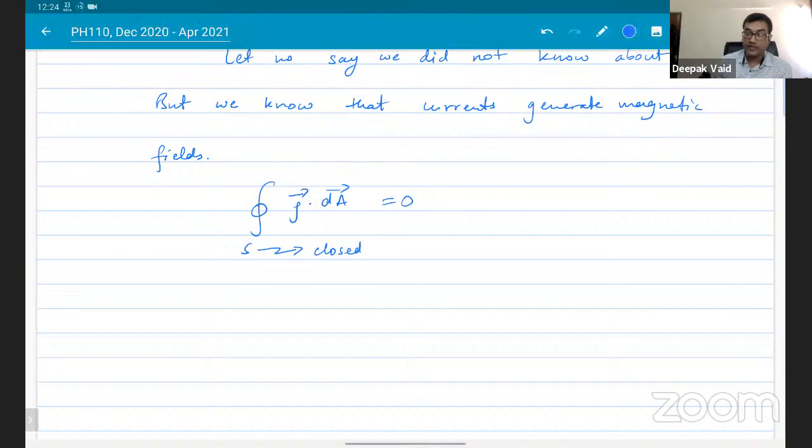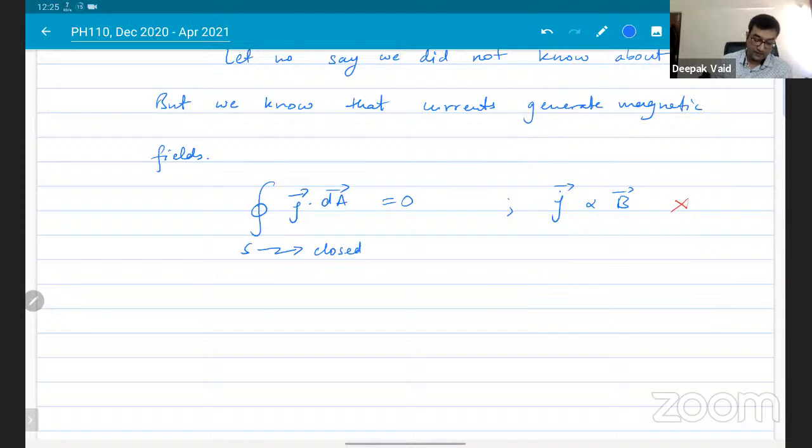So this has to be related to the magnetic field in some way, right? What should be the relation? Can J be proportional to B? Well, maybe. But we know that the magnetic field is not created parallel to the current, so this is not true.